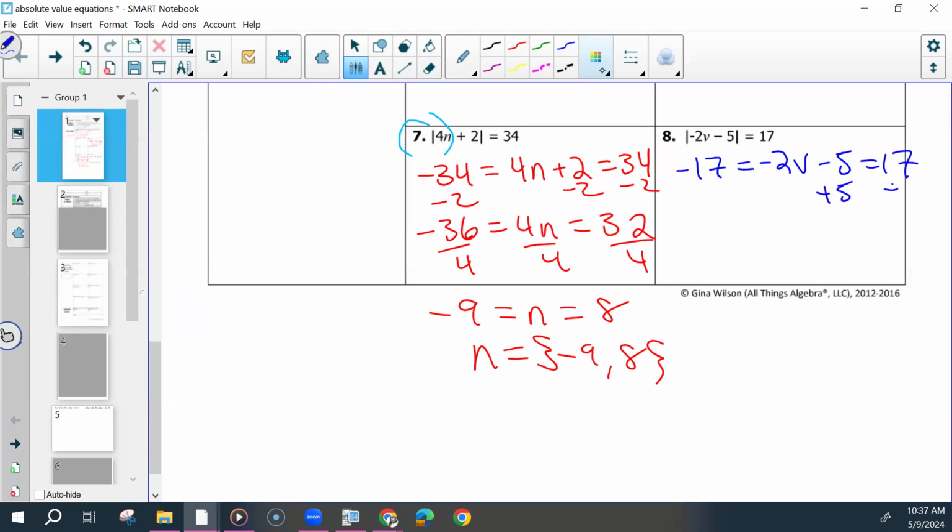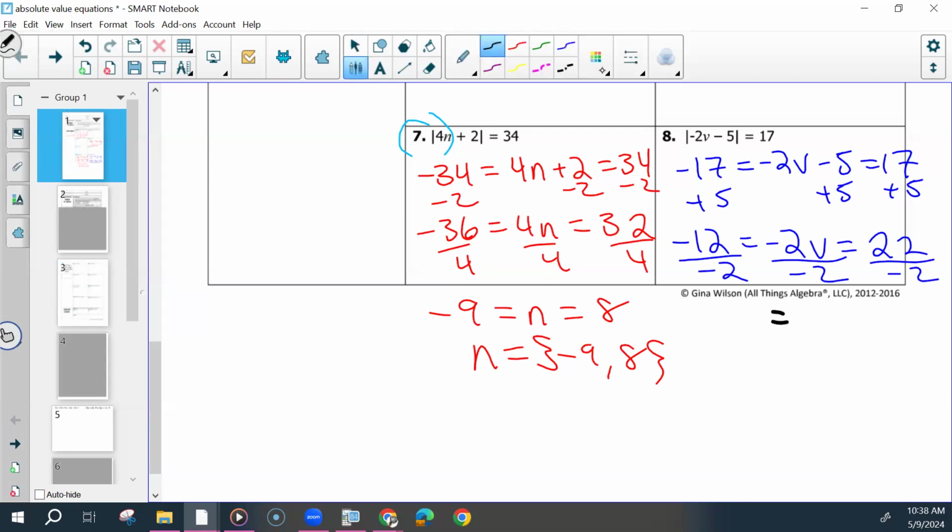Add 5 to everything. We have negative 12 equals negative 2b equals 22. Our final answers would be negative 11 and 6.